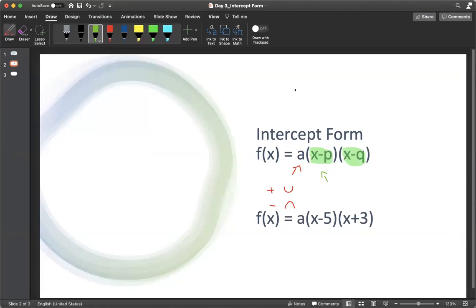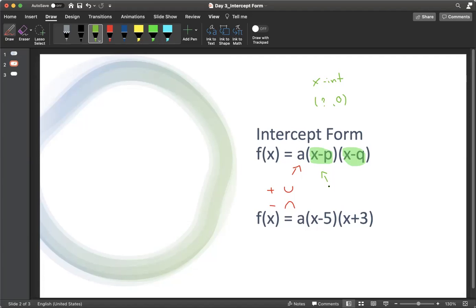So the definition of an intercept, in this case, this gives us our x-intercepts. And our x-intercept, rewritten, is going to be some number, comma, 0. So our x-intercept is always going to be a number, comma, 0. So let's get back to what I highlighted in green.